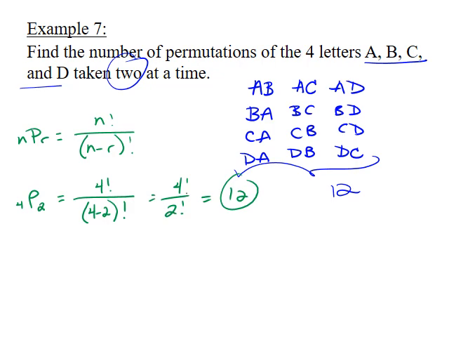A third way you could think of this is for my 4, I have 2 choices. For my first choice, I have 4 letters. But then in my second choice, I only have 3 choices for that letter. And this gives me 12.